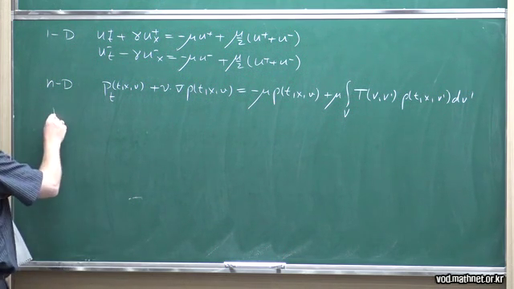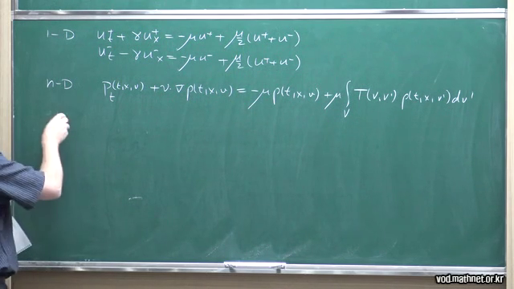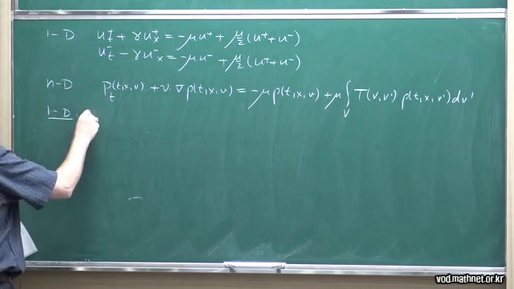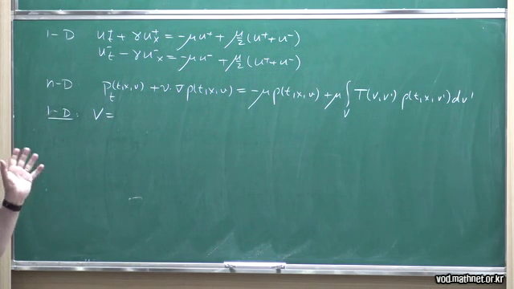So the first question is, what is V? So now in 1D, what is V in this case? And you are invited to help me to figure all this out. So V was a set of possible velocities. What is V in the 1D case?